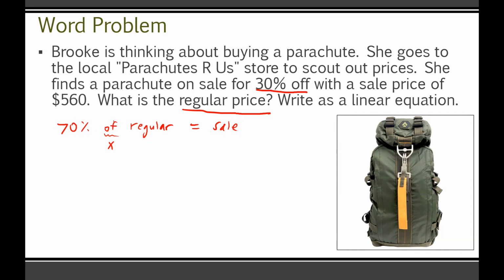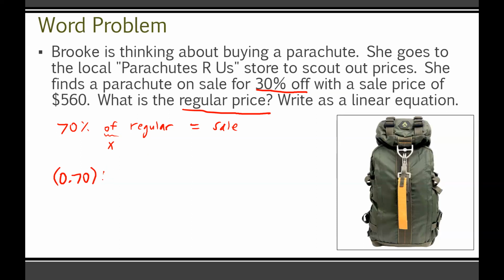We don't like using percentages in equations. Percentages should always be decimals when they're actually used in math. The only reason percent is a thing is so it's easier to communicate. But 70% is 0.70, right? Of the regular price, so that means times, we'll put this in brackets because we don't like using the times symbol anymore, times the regular price.